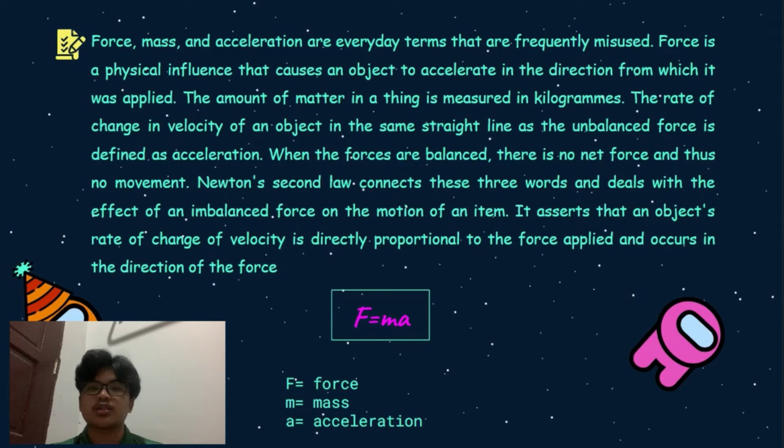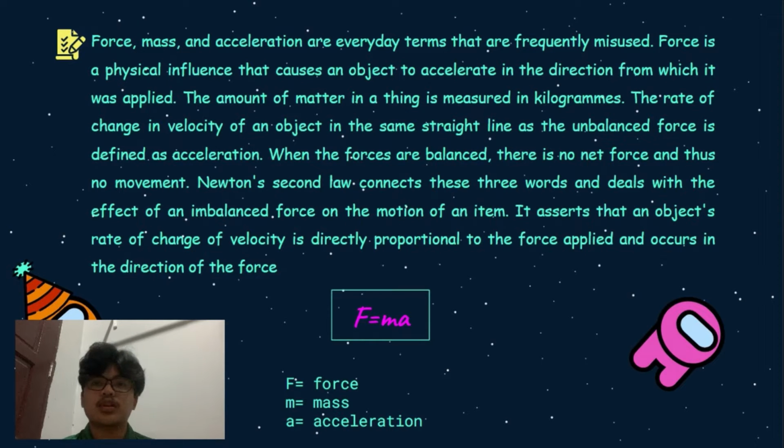Thus, the equation for Newton's law is F equal to ma, where F is force, m is mass, and a is acceleration. As a result, an object of constant mass accelerates in proportion to the applied force.